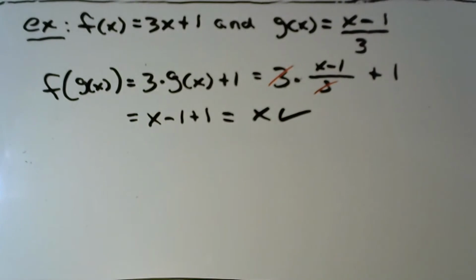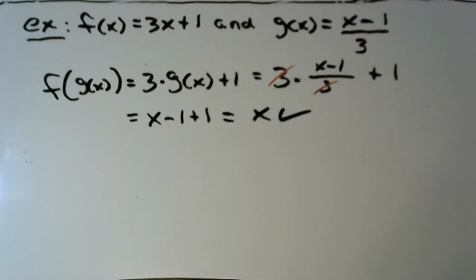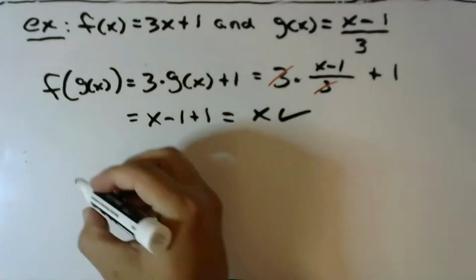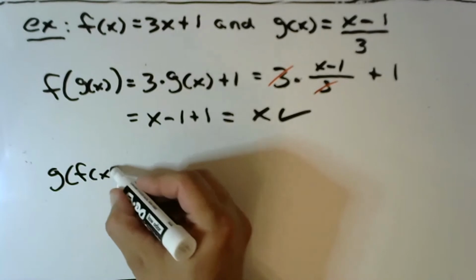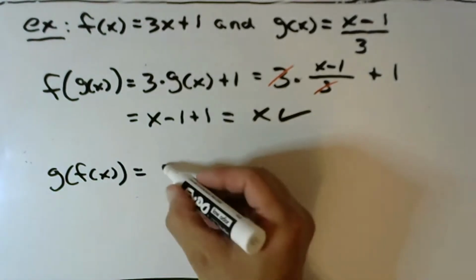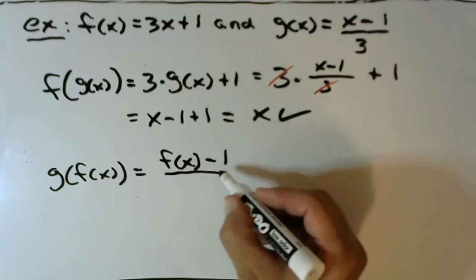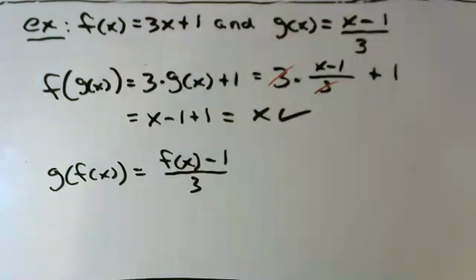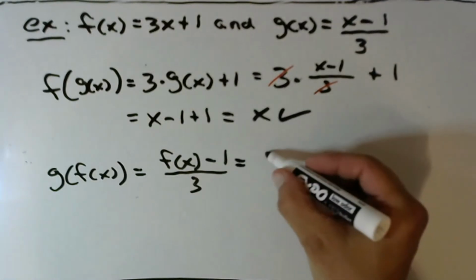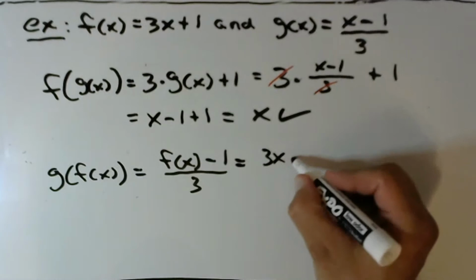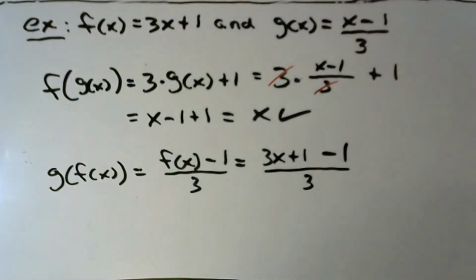Well, we're only halfway through. We have f of g of x, and that worked out. We've got to check g of f of x. So replace the x in g of x with the entire function f of x, or 3x plus 1 minus 1 over 3.